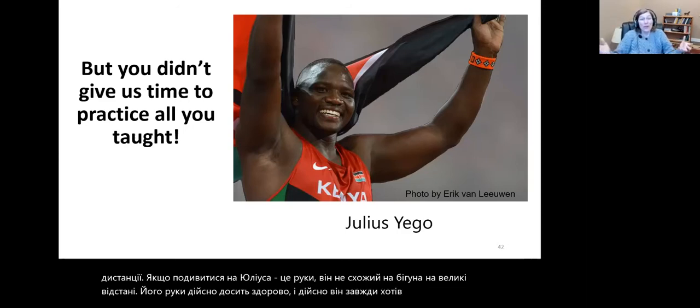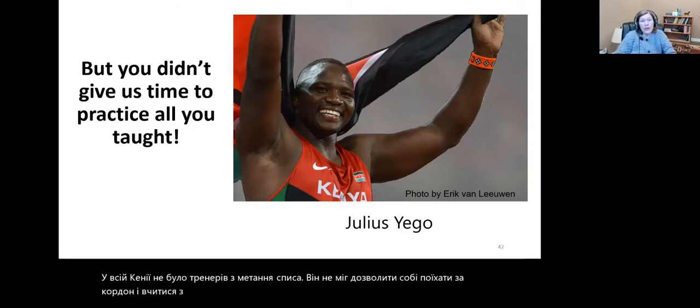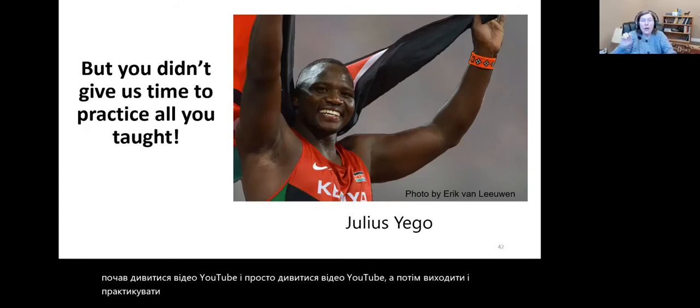There were no javelin throwing coaches in all of Kenya. He couldn't afford to go overseas and study with a good javelin throwing coach. So instead, he just began watching YouTube videos. And simply by watching YouTube videos and then going out and practicing, watching, practicing, he became the world champion in throwing the javelin.